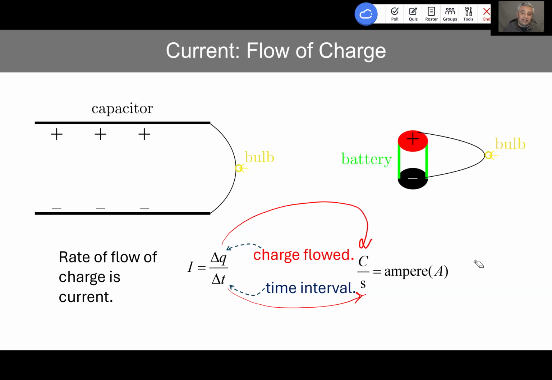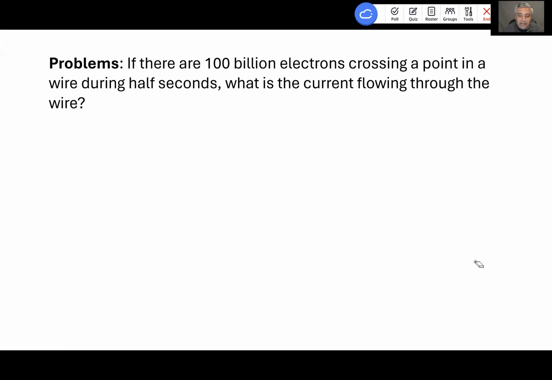So let's tentatively calculate the value of current. Let's suppose you are observing a lot of electrons crossing a point in a wire during half a second. So the number of electrons in this case is 100 billion.